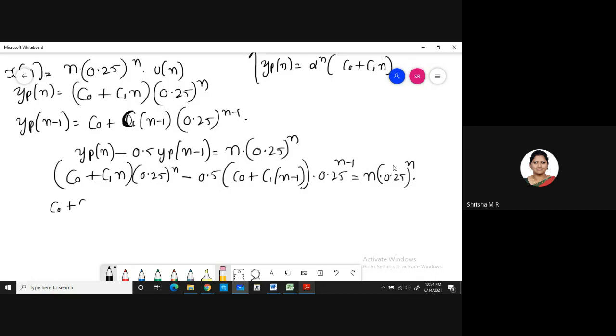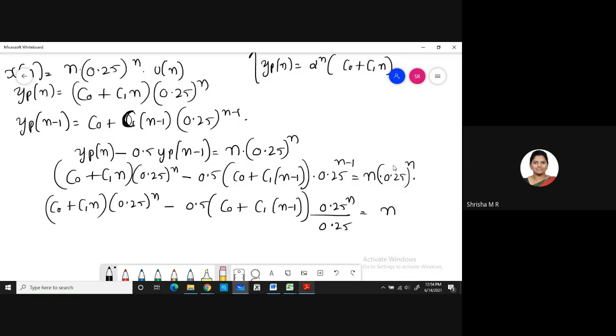C naught plus C1n into 0.25 to the power of n, minus 0.5 into C naught plus C1 into n minus 1 into 0.25 to the power of n divided by 0.25, is equal to n into 0.25 to the power of n. Now you can cancel out 0.25 to the power of n on both sides, LHS as well as RHS. What equation will you get if you cancel that?